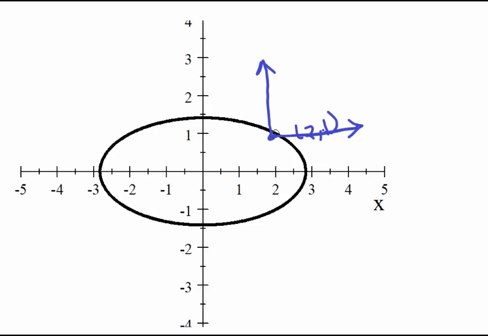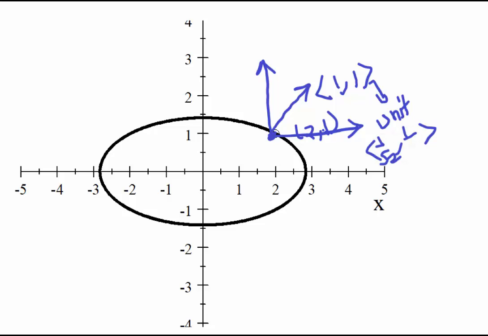Now let's say we want to find the rate of change in other directions. So say, for example, I am taking this direction (1, 1). If I want to make a unit vector here, I divide it by the magnitude, so (1 over square root of 2, 1 over square root of 2) will be the unit vector in that direction.